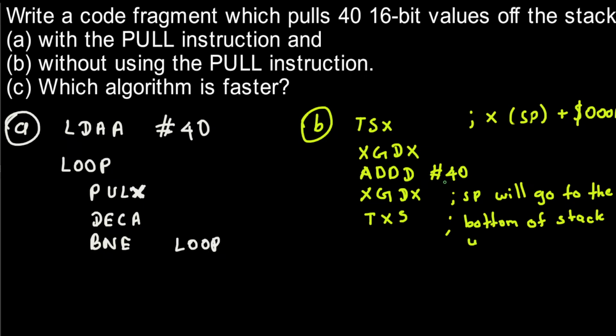All the above means we put it to 40, so now all the 40 are going to get pulled. That is what we want to happen. We want to pull 40 16-bit values off the stack. So by doing that, it's going to pull 40 16-bit values.